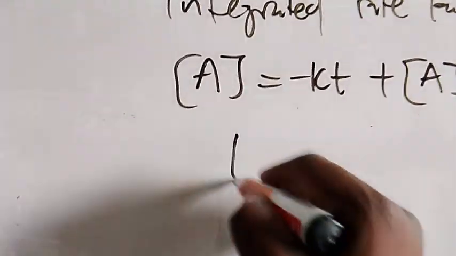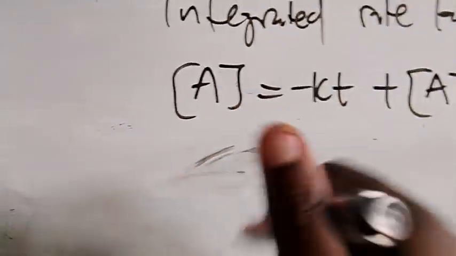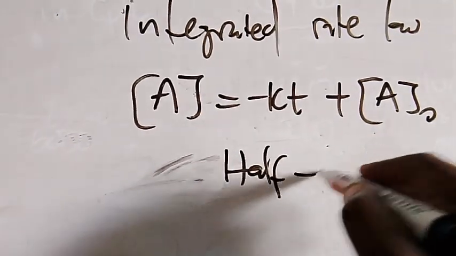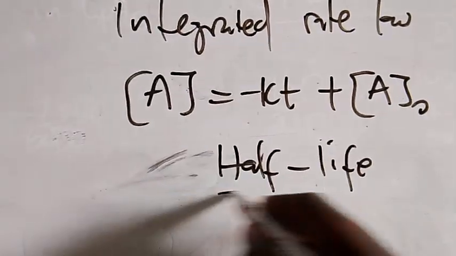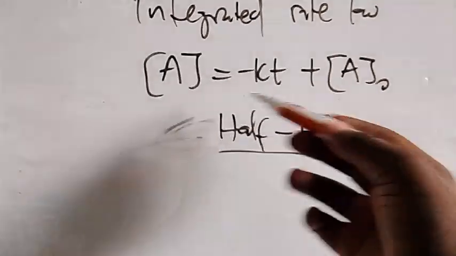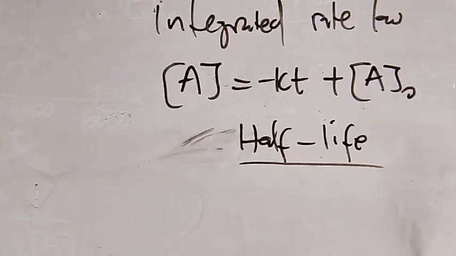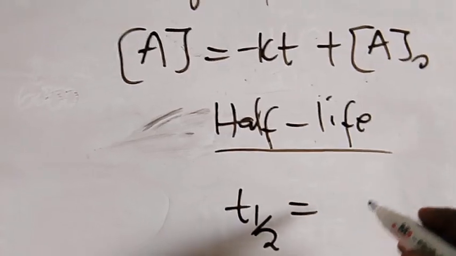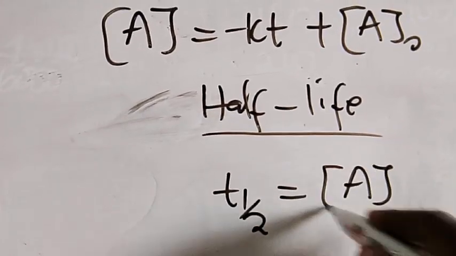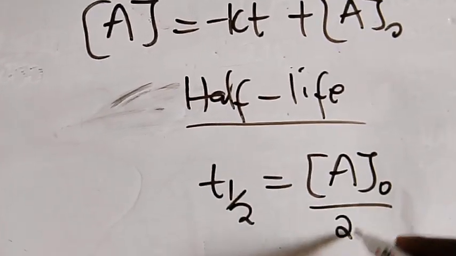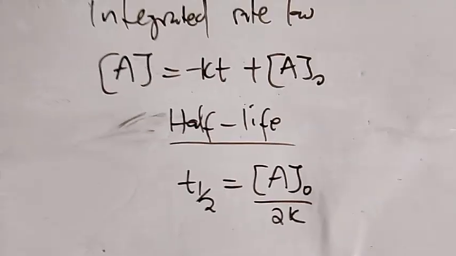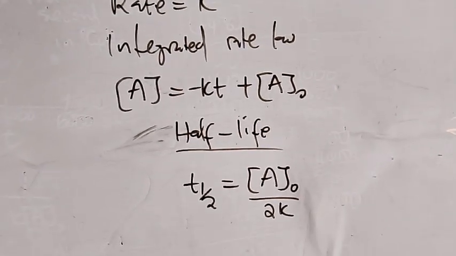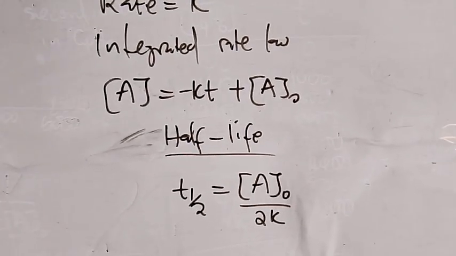Then half-life of a zero order reaction. When we derive, you know how to derive, you use the definition. So the half-life of a zero order reaction is T half is equal to A initial over 2K.